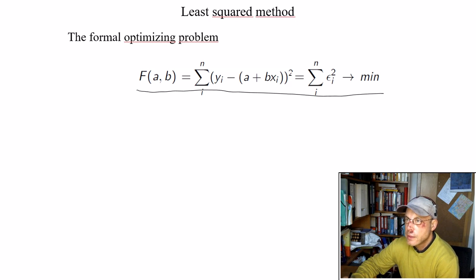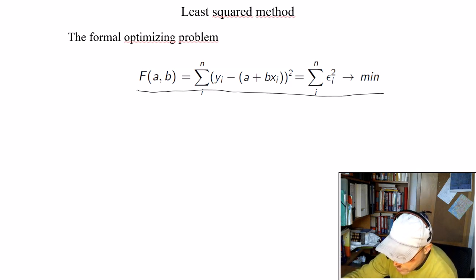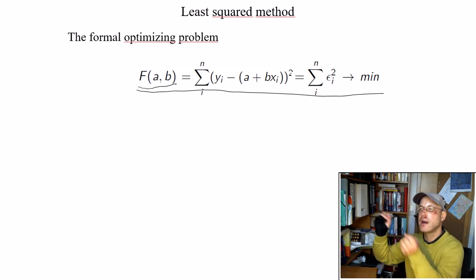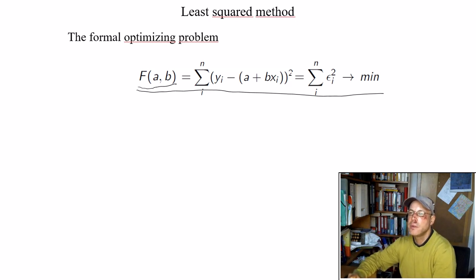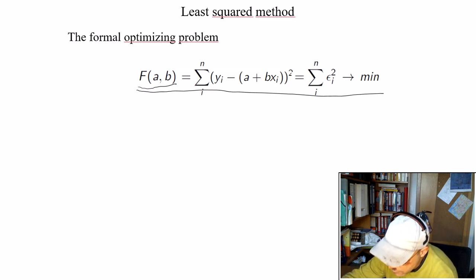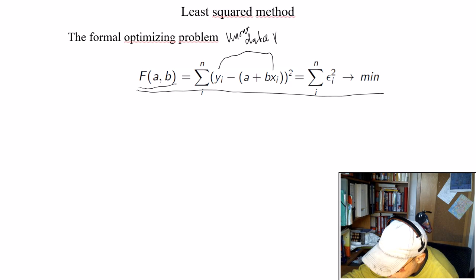So in this case, we then have just a function depending on our two parameters we want to estimate, a and b. This is the data, so known data points.